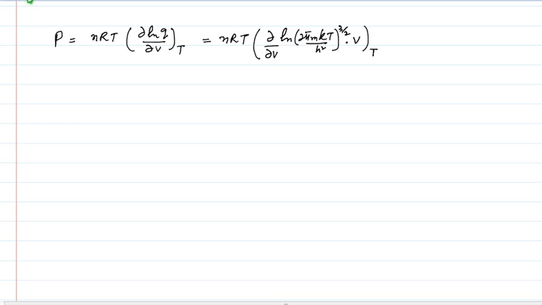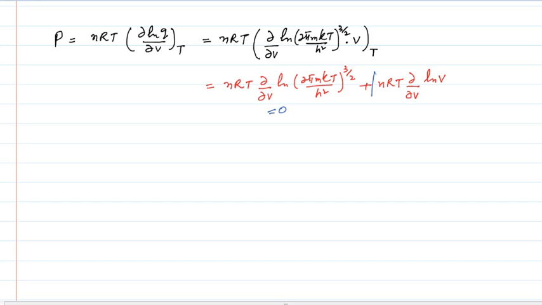If you look carefully, we can separate this and write it as nRT dou by dou V of ln of (2 pi m kT upon h square) to the power 3 by 2, plus nRT, giving this term back, dou by dou V of ln of V. Obviously constants are involved in the first term, so this will be equal to 0.